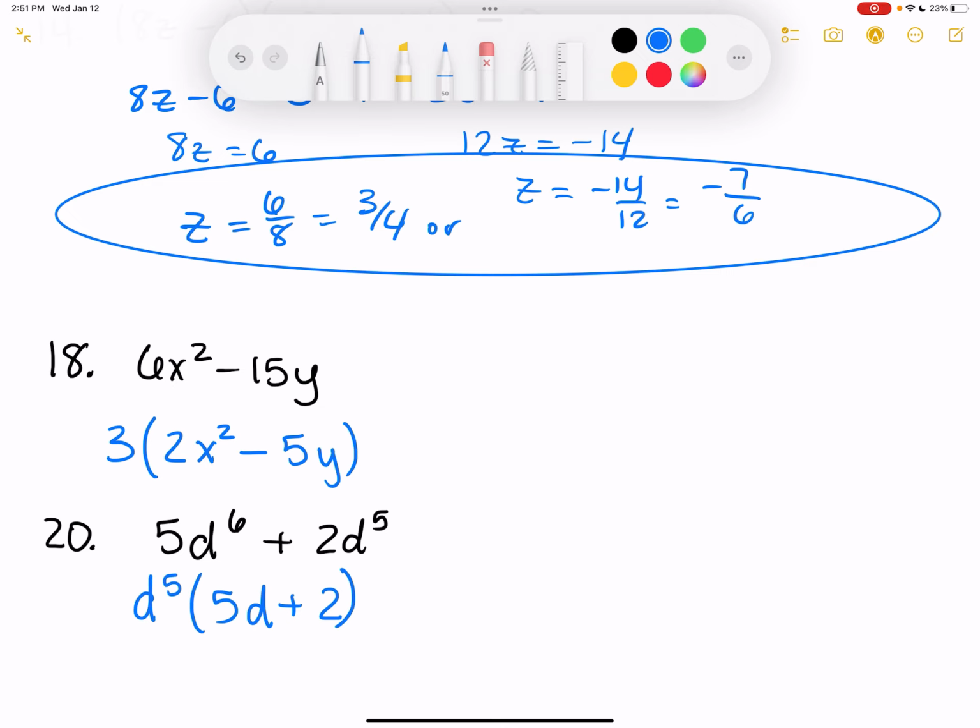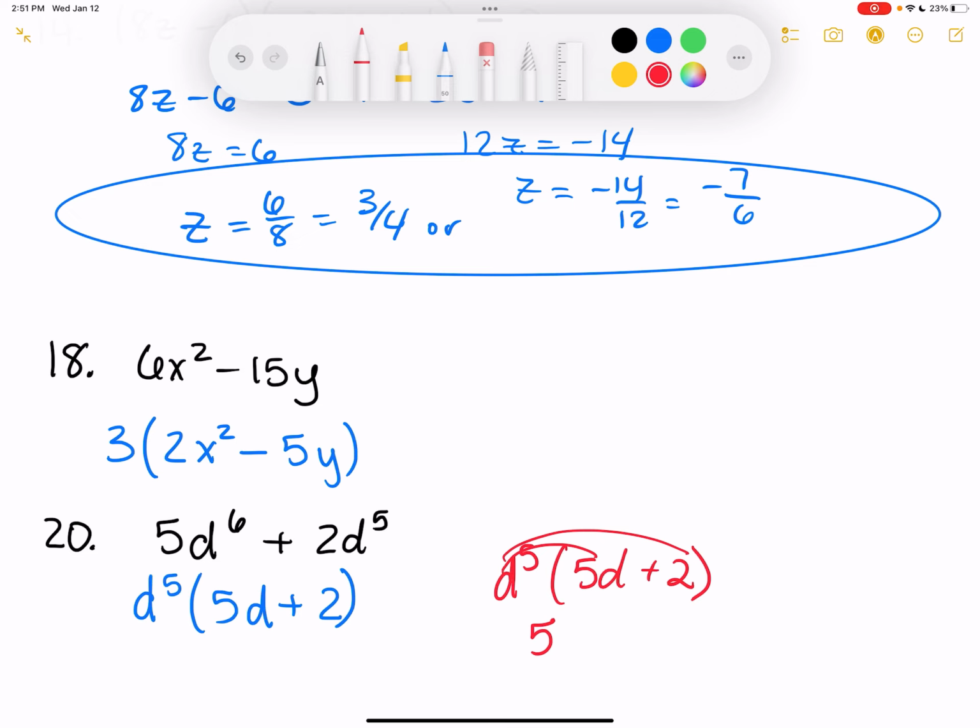Okay, and you can always check these by going back. I have d to the 5th times 5d plus 2. You basically subtract both exponents? Basically, yes. And then you can check it, so there's no reason to ever get it wrong. You can distribute back 5 and then d.